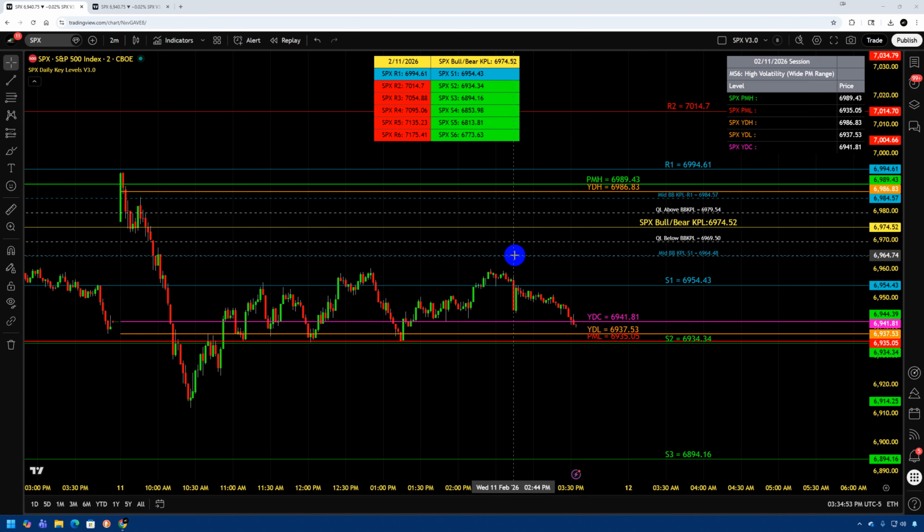The XSP mini index also has options that you can trade, and those options are 1/10 the value of regular SPX options.